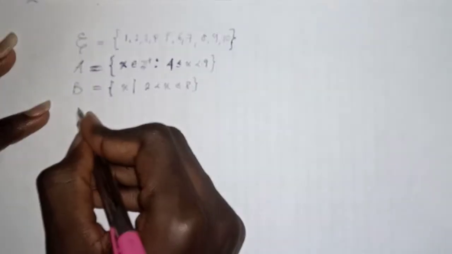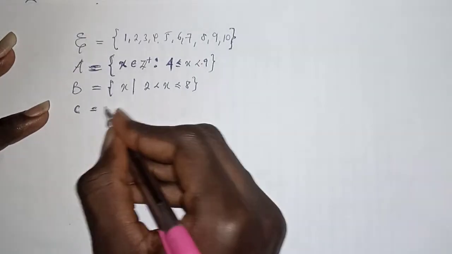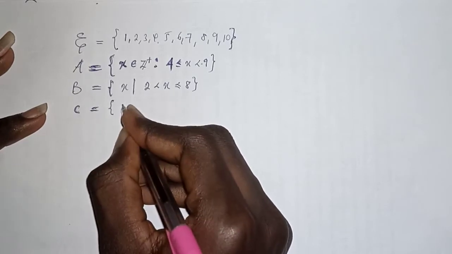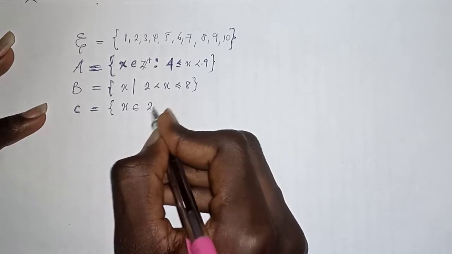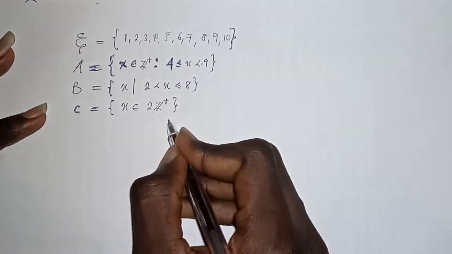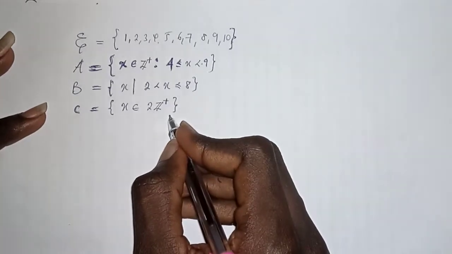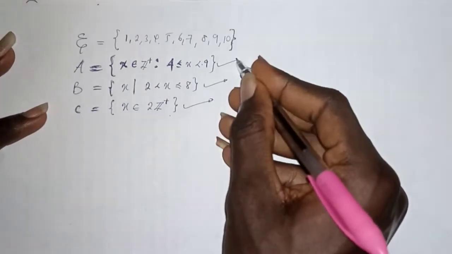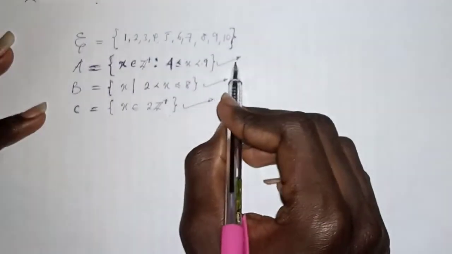That's for set B. And C, let's say C is x is a member of twice of positive integers. So you should know you have to be very careful of this. So all I just want to tell you is that there are some cases whereby you be the one to decode it yourself, not that they will give you all the members.